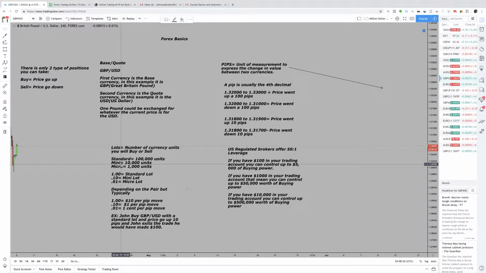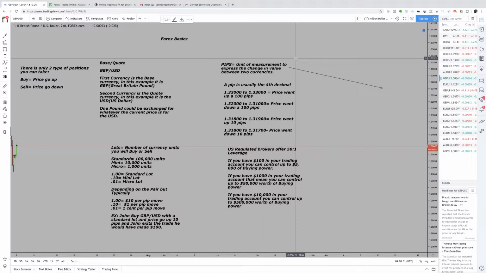One mini lot equals 10,000 units. One micro equals 1,000 units. Now, this is how you usually look in a lot of your trading platforms. 1.00 equals a standard lot. 0.10 equals a mini lot. 0.01 equals a micro lot.